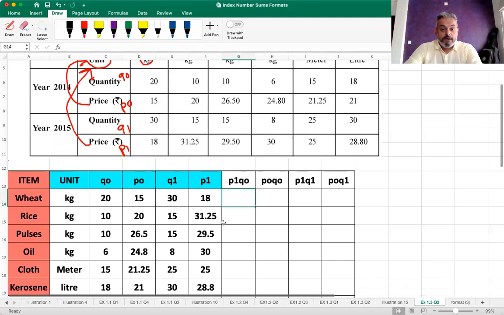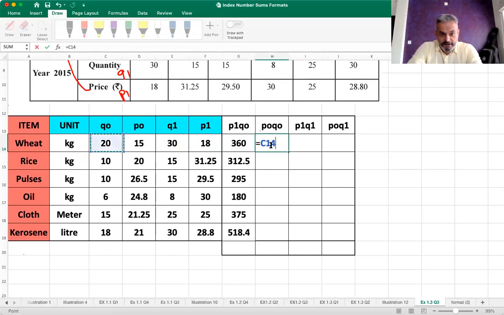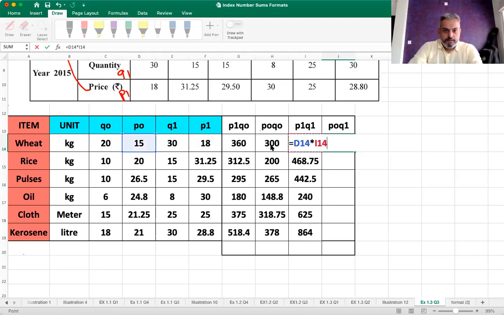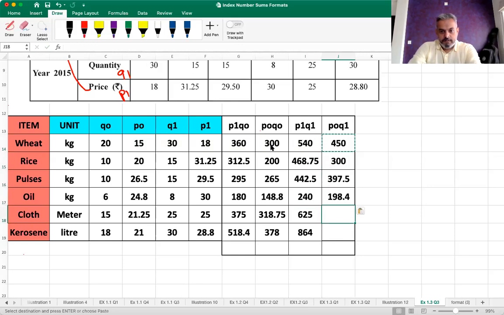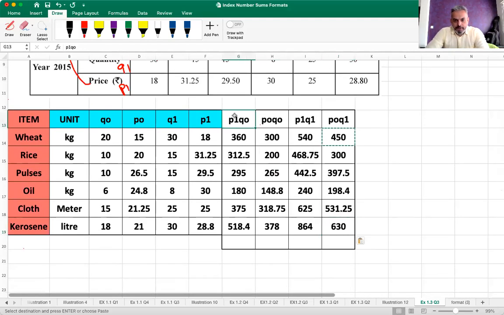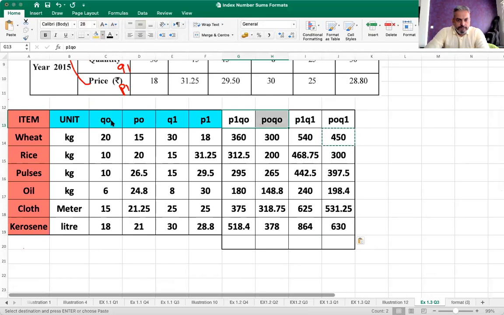Let's go to these: P1Q0, P1 into Q0, P0 into Q0. Be very careful. If even one column gets shifted, the sum will go wrong. P1Q1 and P0Q1. P1Q0 is with us.